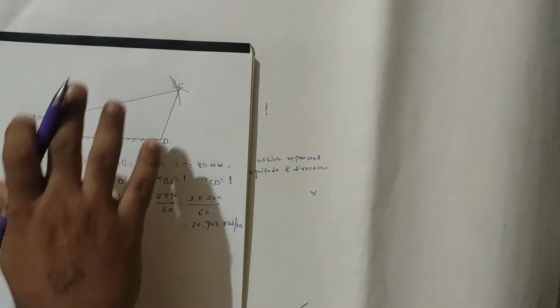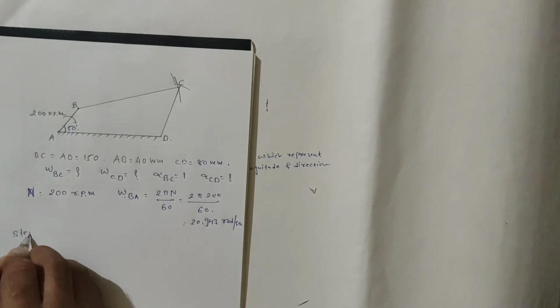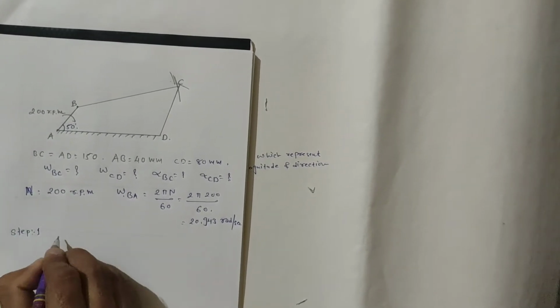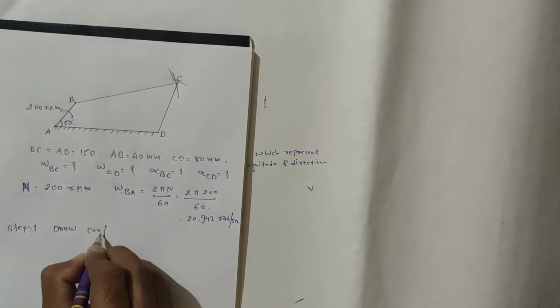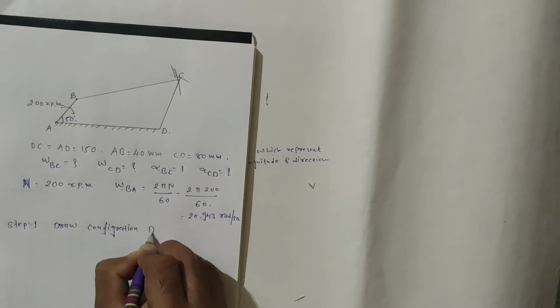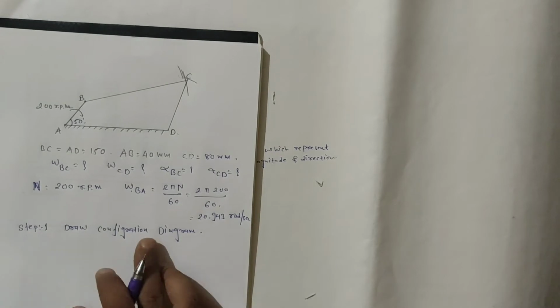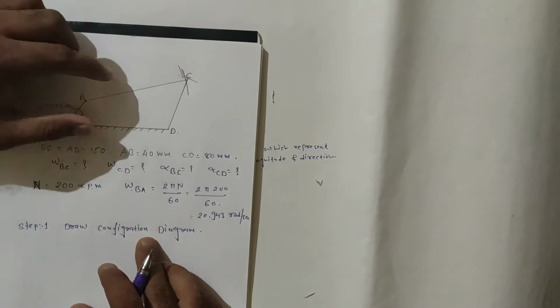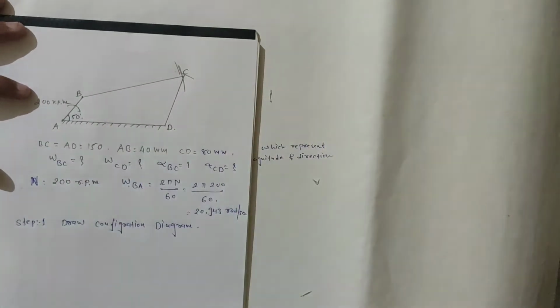Now after that, the first step is to draw the configuration diagram. This is in the data, but we have to draw this diagram in our actual work.